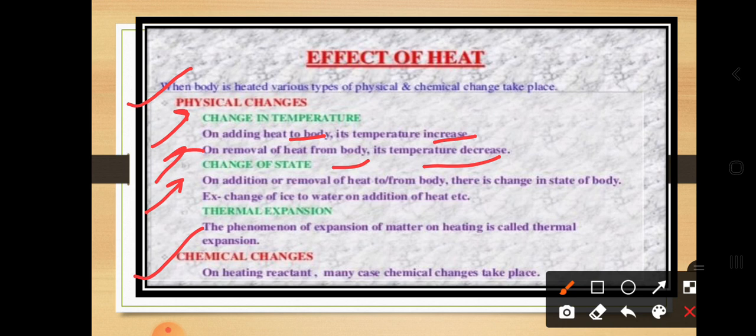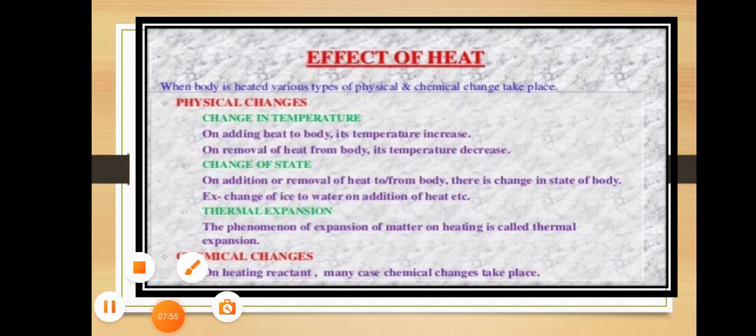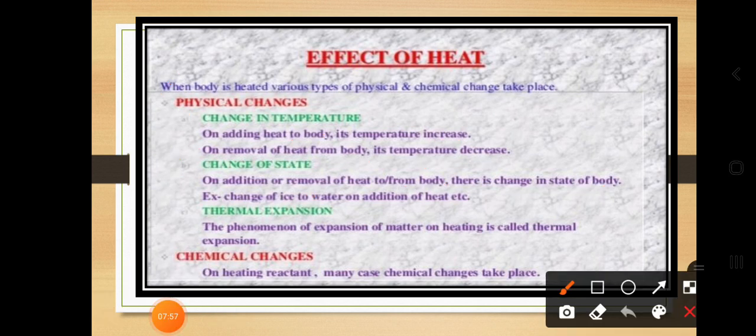So, on addition or removal of heat from a body, there is a change in the state of the body. Example, change of ice to water on addition of heat. Ice is a solid substance. When we apply a high amount of heat, it changes into liquid, and if you apply more heat, it gets converted into gaseous form. So, this is the change of state.